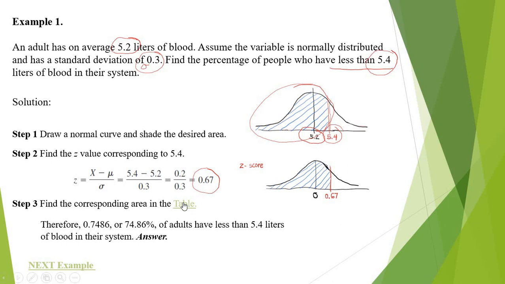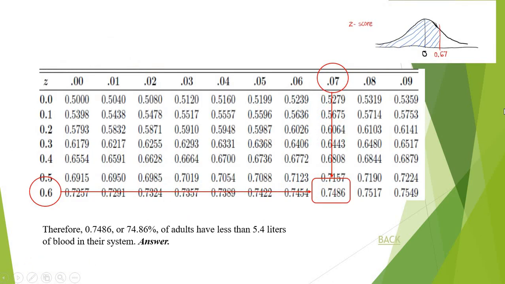Our next step would be, we will find the probability using the table. So from the table, take note that we wanted to find the probability of p sub z is equal to 0.67 to the left. So from the table, we have 0.67, the intersection is 0.7486.